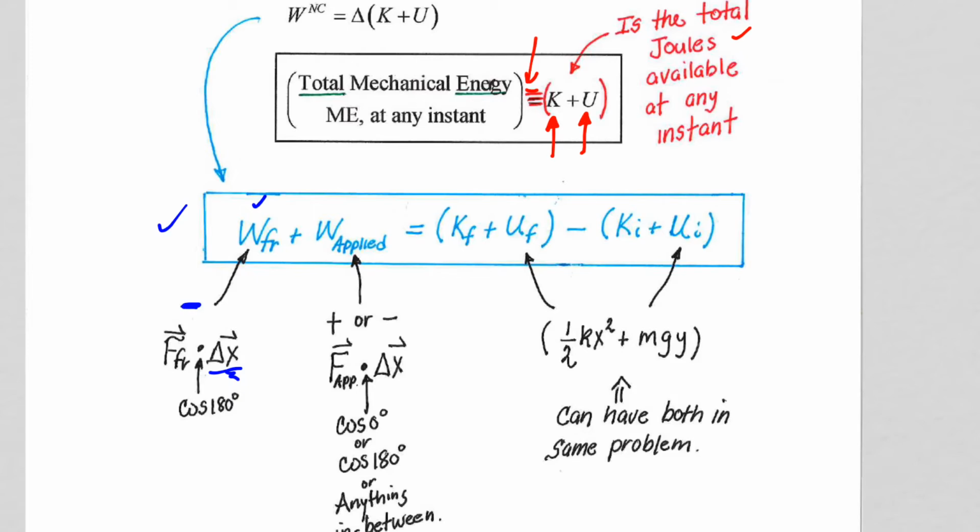Now, the work done by applied forces will not always appear in problems, but if it does, and the force is working with the object, speeding it up, that applied force dot delta x will be positive. If the force, like friction, is pulling backwards on the object, slowing it down, then we would have a negative.